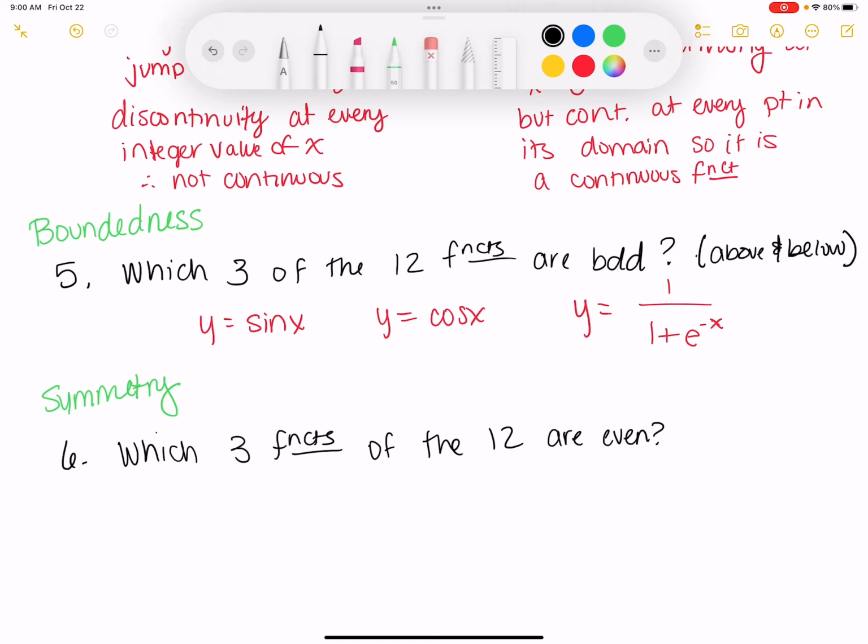Like, what function's even? Okay, hold on. Let me make one comment here just as a refresher, because it would have been in your notes for 1.2: even functions are symmetric with respect to the y-axis.